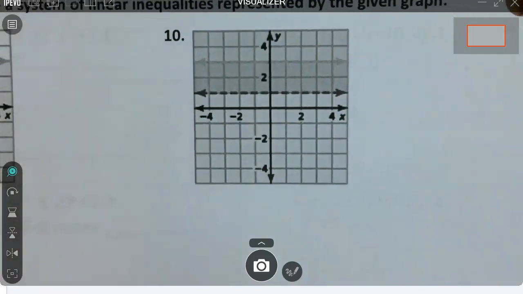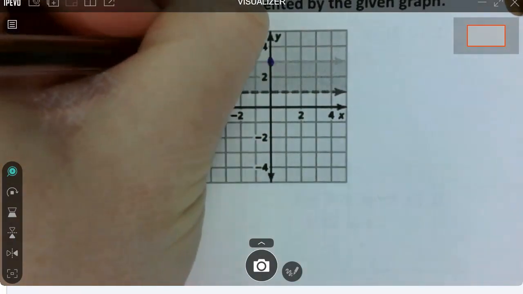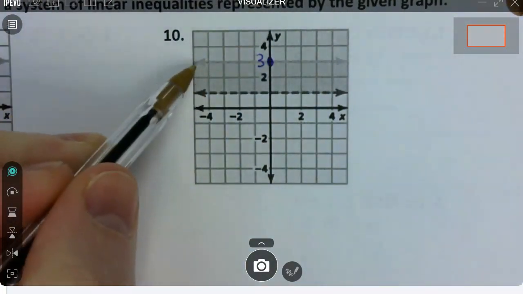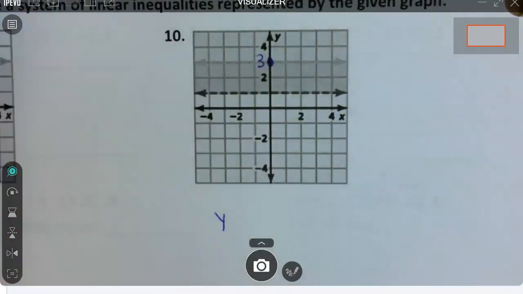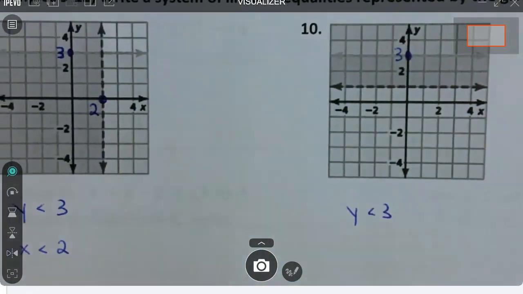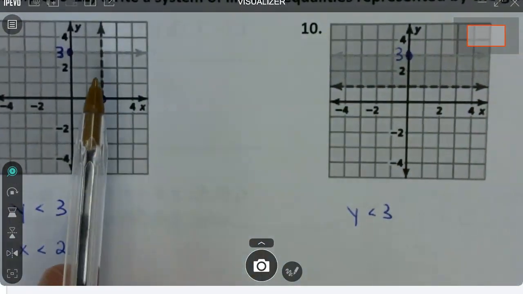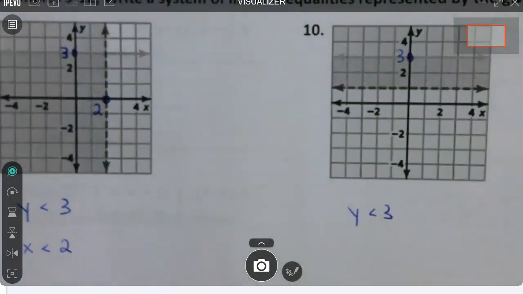So they're both dashed and they're both horizontal lines. I have a y-intercept here at 3, and we knew that we shaded everything below it. So that would be y is less than 3, just like it was over here. You can now look at these and say, oh yeah, I see the similarities. Y is less than 3.